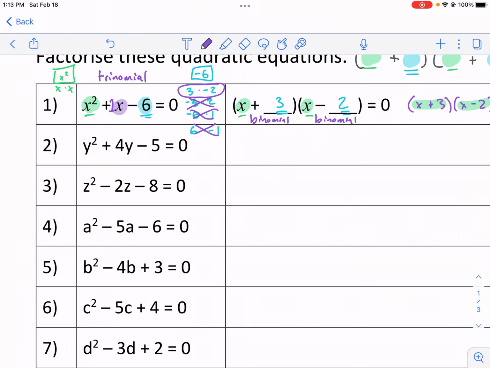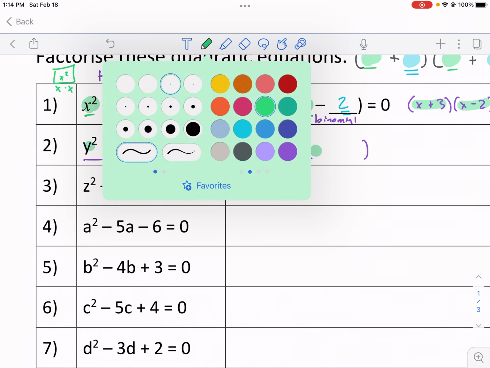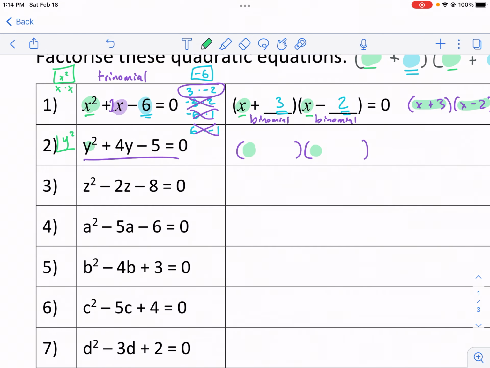Okay, so the first step, if I'm trying to factor a trinomial, is I'm going to put 2 parentheses down, okay? I know that this is my first term, and I know that these two things in the first slot need to multiply together to give me y squared. Well, I know my only factors for y squared are y times y, so I can confidently put y and y right there.